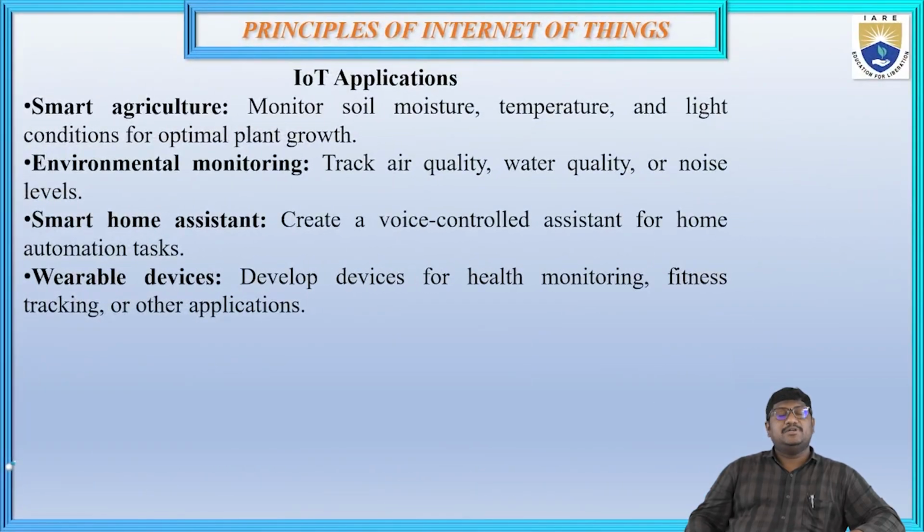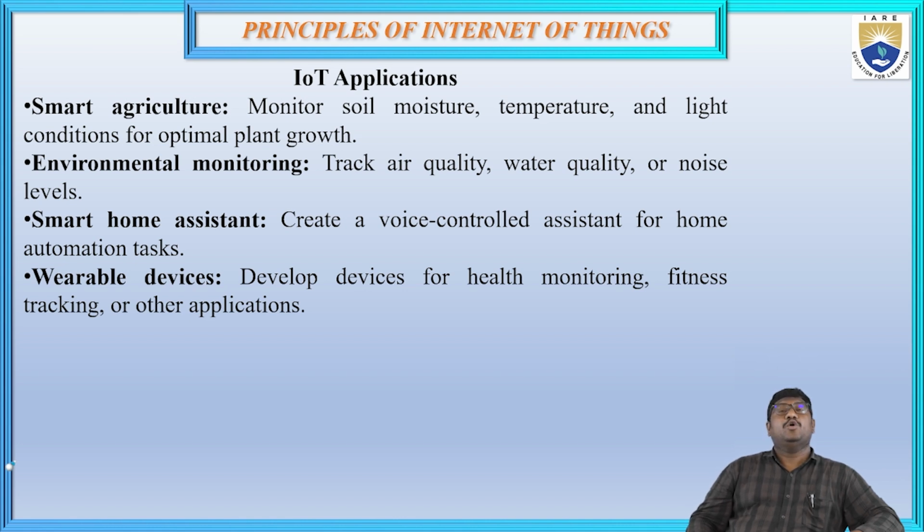And coming to the IoT applications, there are a number of IoT applications which are utilizing our IoT physical devices and IoT endpoints. Coming to the first application, smart agriculture, where we are going to monitor soil moisture, monitor temperature, and monitor the light conditions for optimized plant growth. And coming to environmental monitoring, there is air quality, water quality, or noise levels.